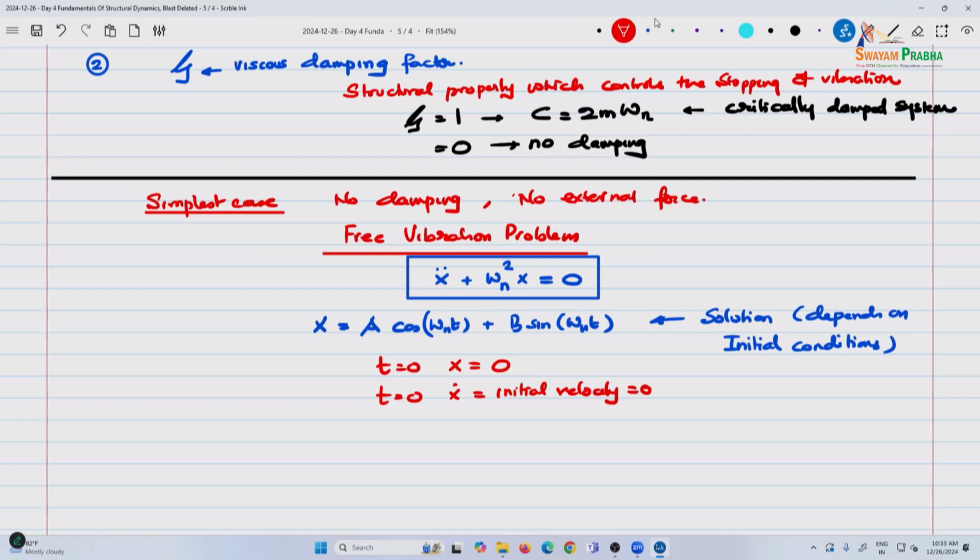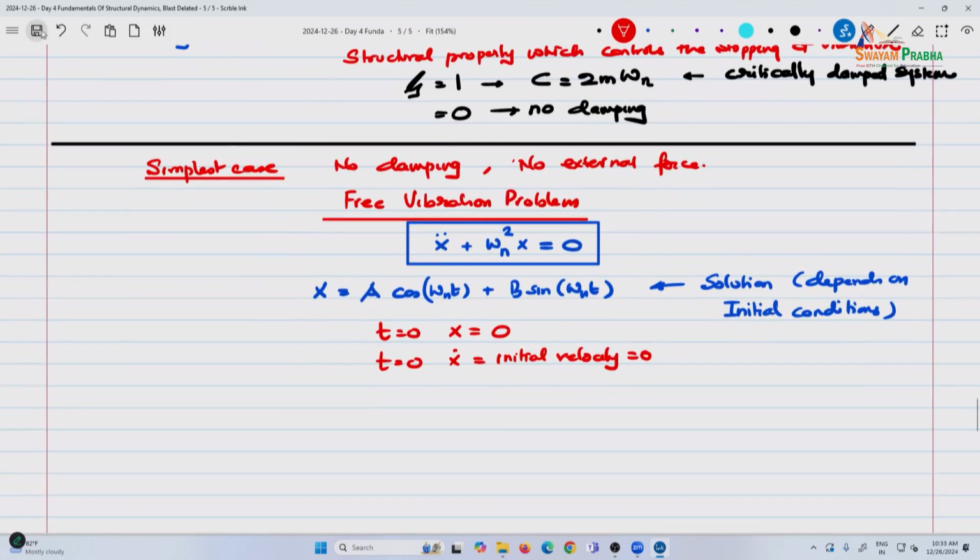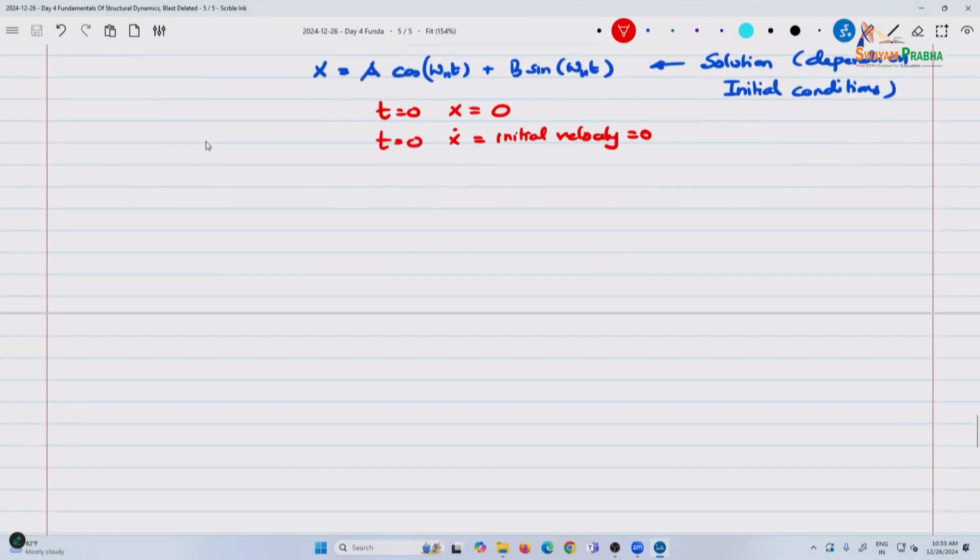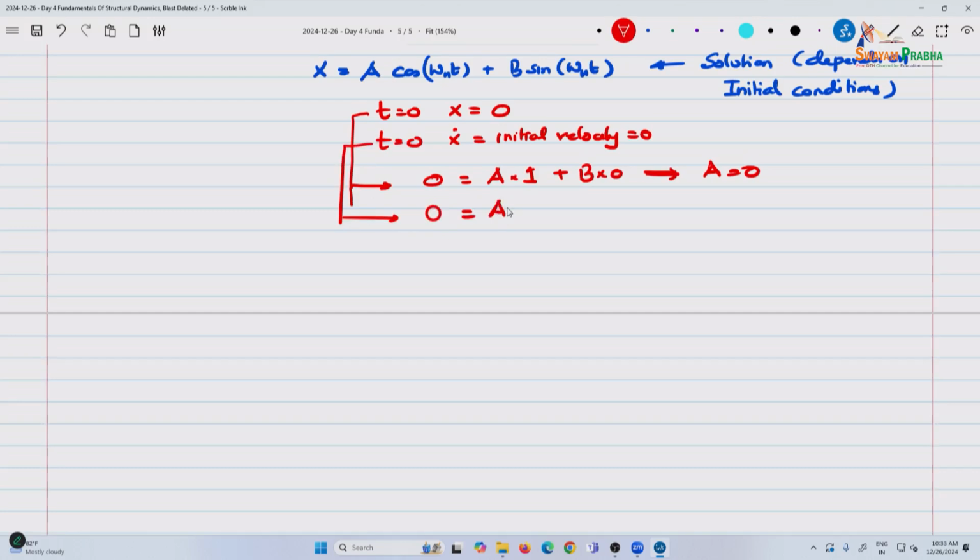When you apply them, the first condition that you apply gives 0 equal to a multiplied by 1 plus b times 0. So this gives you a equal to 0. The second condition you apply, you get 0 is equal to a, which was 0 anyway, plus b.